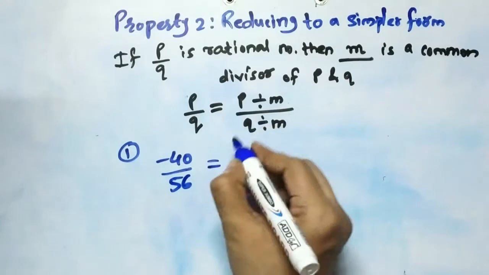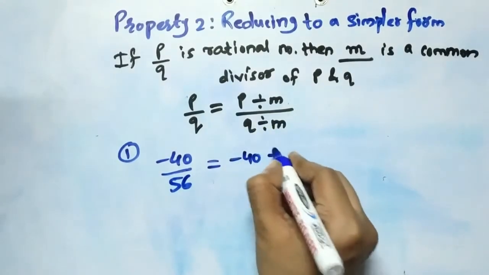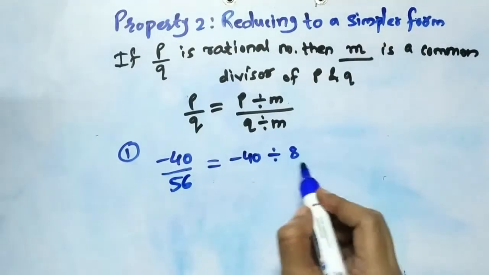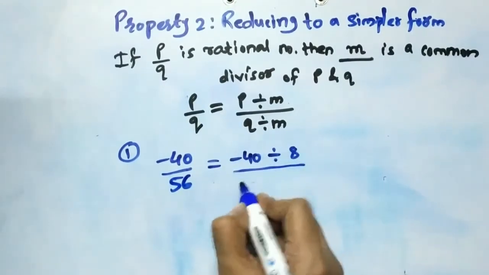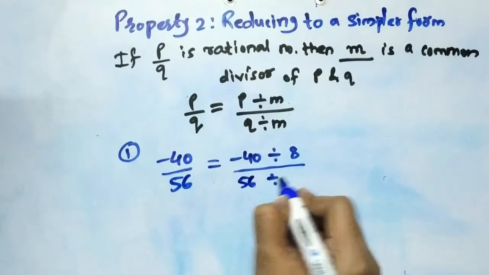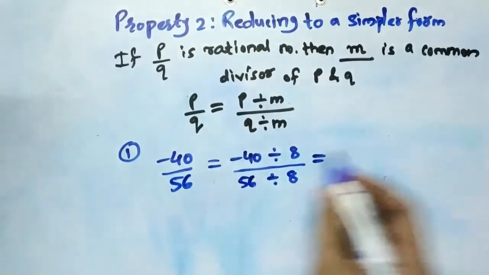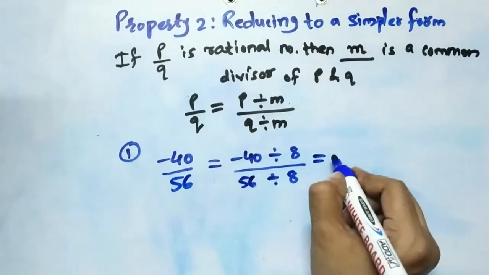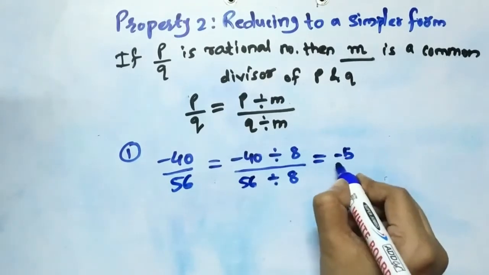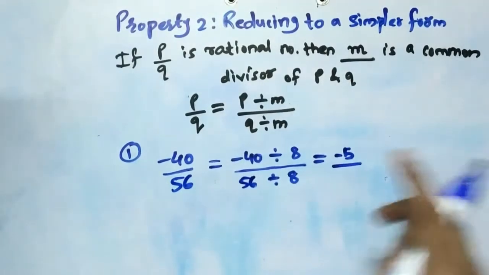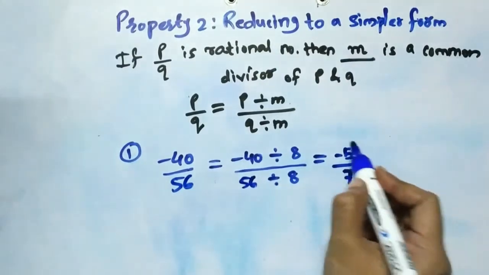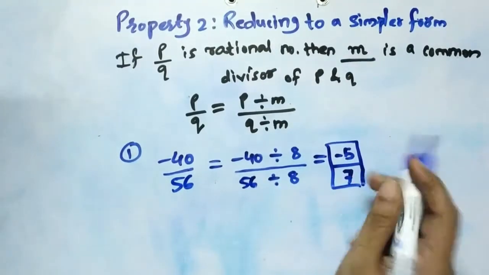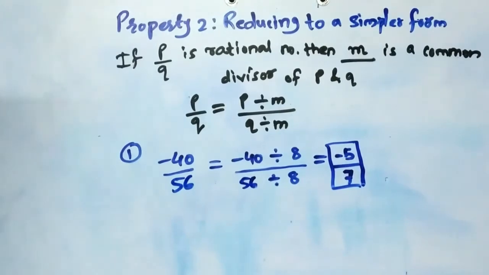So I can choose here 8 as a common divisor to both. So I'll divide with 8 in the numerator and I'll divide with this 8 in the denominator. After dividing minus 40 by 8, we get minus 5, and after dividing 56 by 8, we get 7. So this minus 5 by 7 is nothing but the reduced form of this rational number.